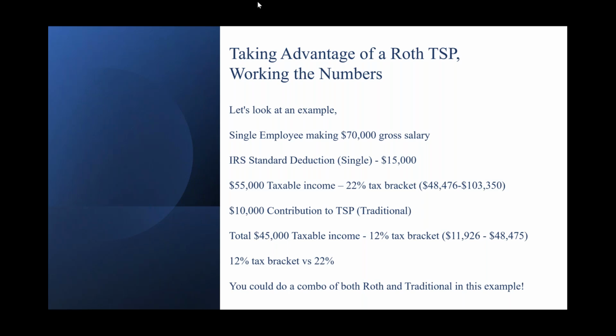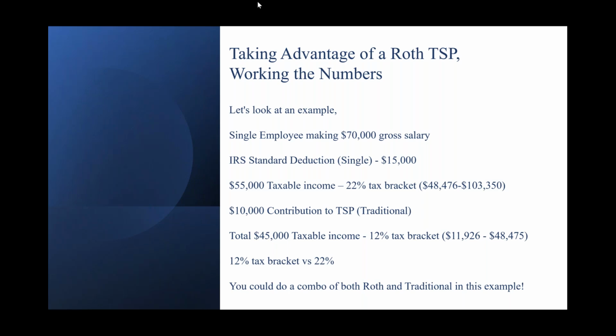So what does that mean? That means that your TSP contributions took you from a 22% federal tax bracket down to a 12% tax bracket. That's a 10% savings by using your traditional TSP to keep you in that lower tax bracket.